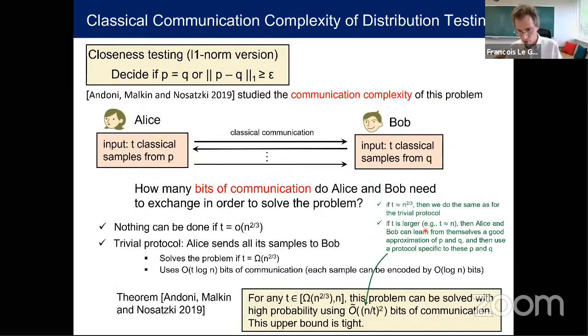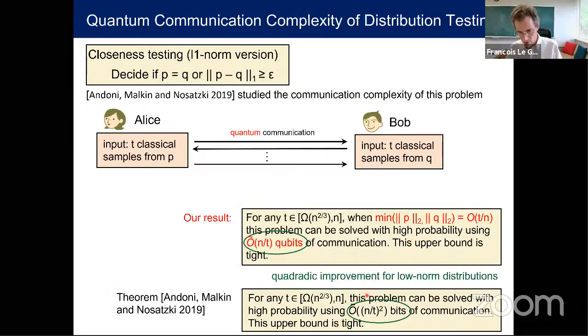And precisely here you will have a big O of n over t epsilon square.